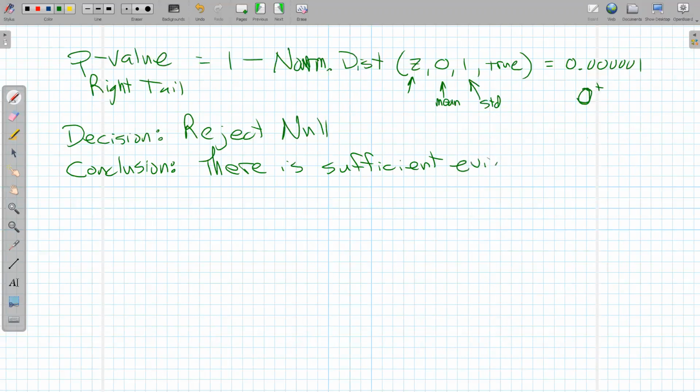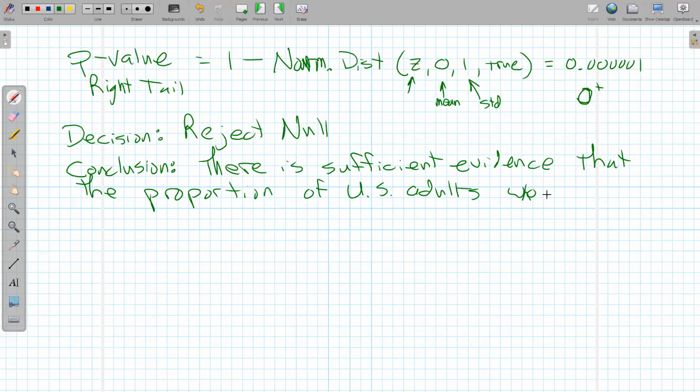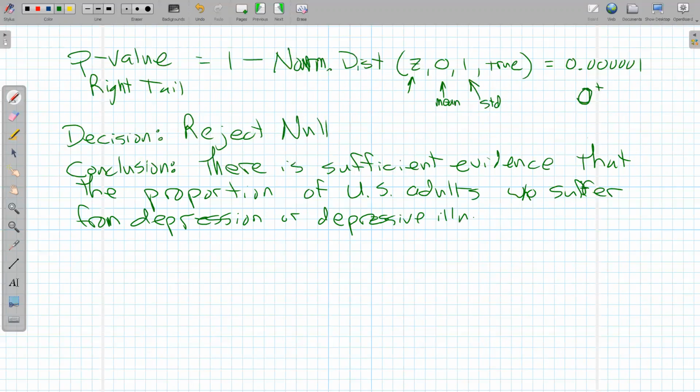There is sufficient evidence that the proportion of US adults who suffer from depression or depressive illness is more than 8.2%. That's what we know right now.